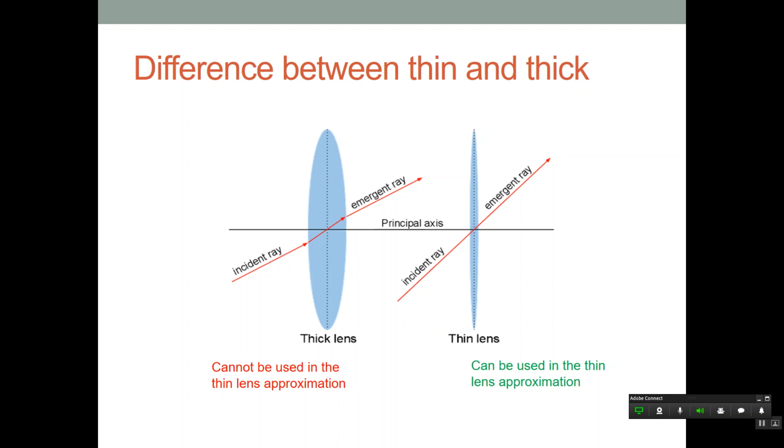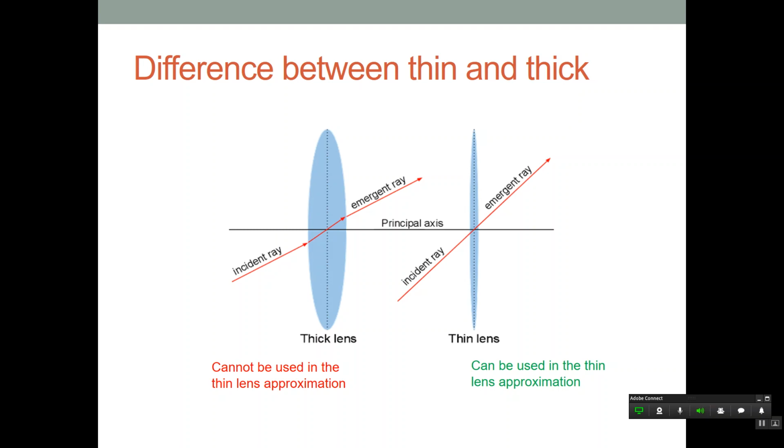If it was a thick lens, right, we would have to use Snell's law. Remember Snell's law is n1 sine theta 1 is equal to n2 sine theta 2, right? And we'd have to do it here, and we'd have to do it here. We'd have to find the tangent of the surface, draw the normal line, find this angle, and then find this angle, and that would be the way we would do it for a thick lens that has a curvature.